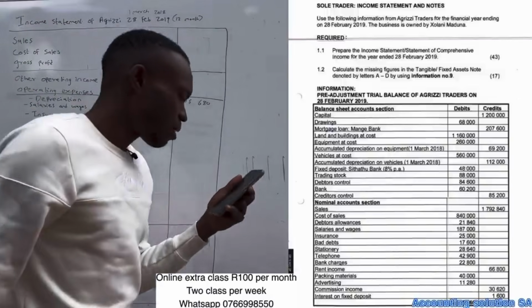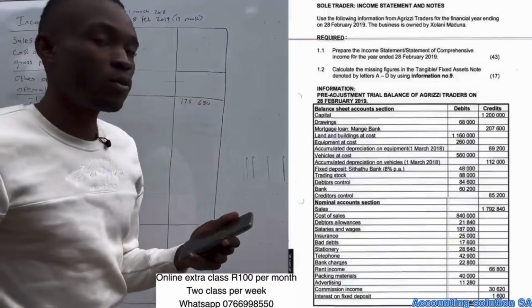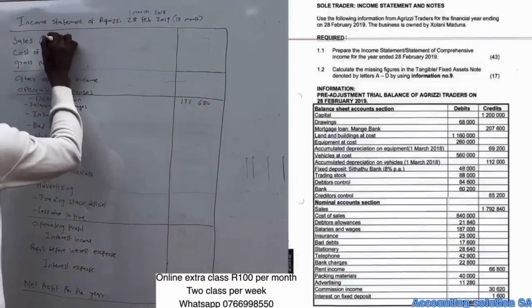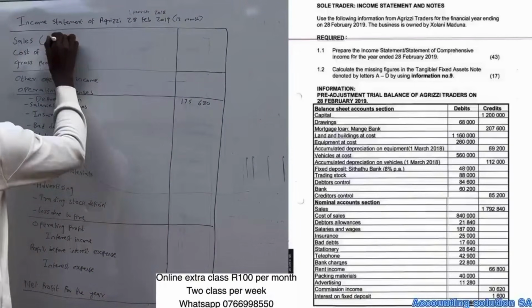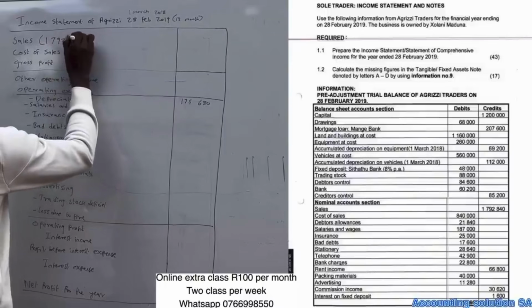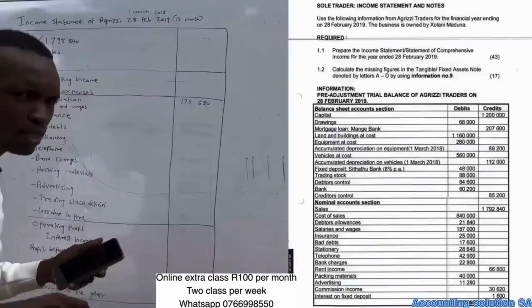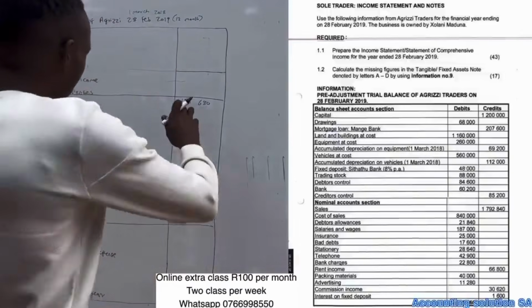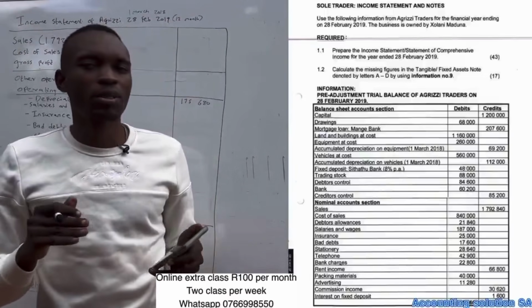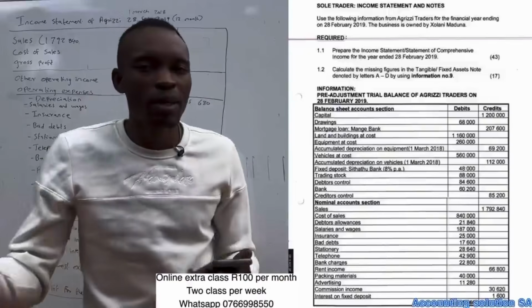The sales amount that we have is 1.7 million. The first thing, guys, you open a bracket and you take your amount of 1,792,840. There is no way that they can just give you sales and you just record it as it is here. No, you are first going to subtract debtors allowance. Why debtors allowance? Because those goods were returned by the customer. They are no longer part of sales.